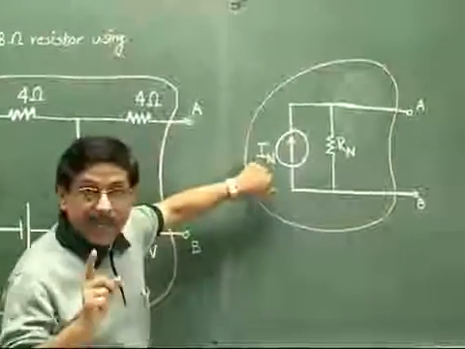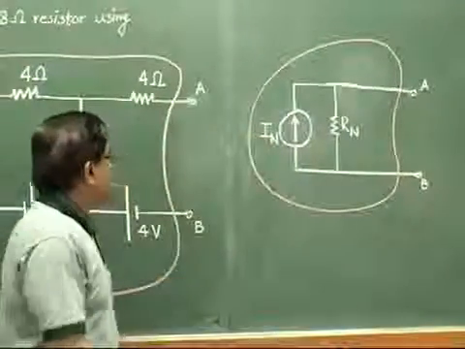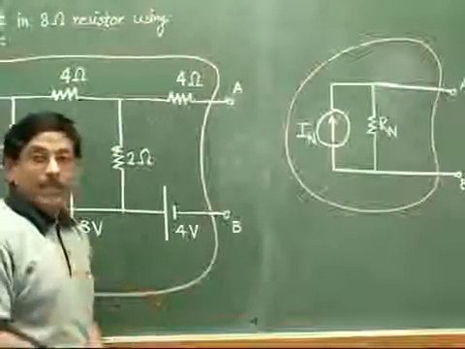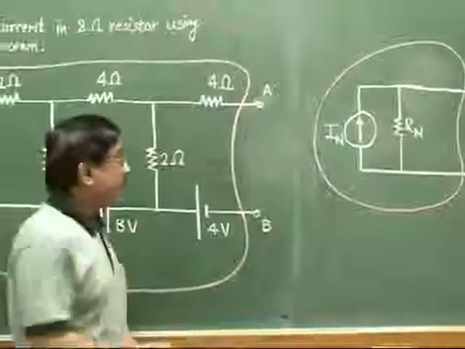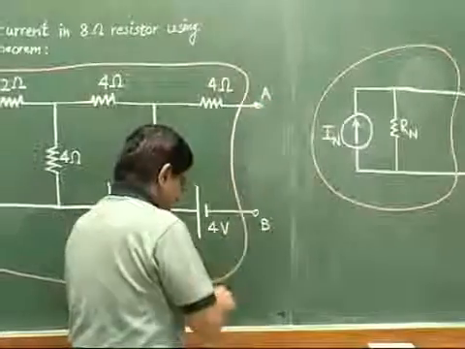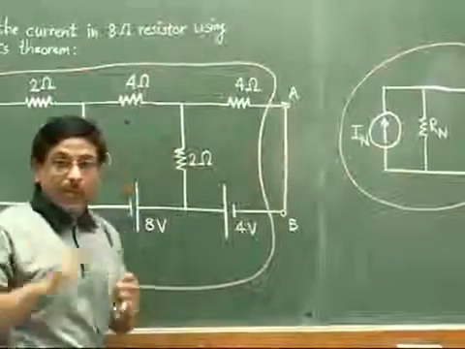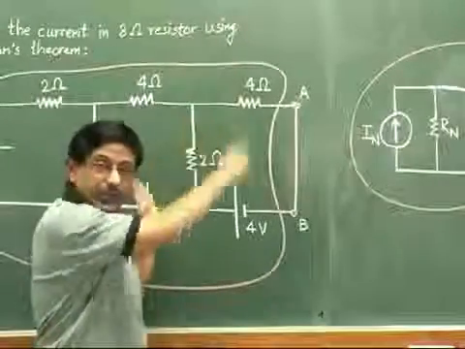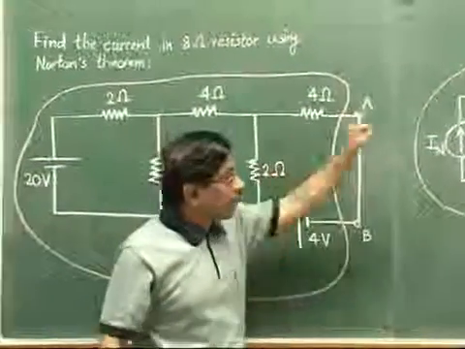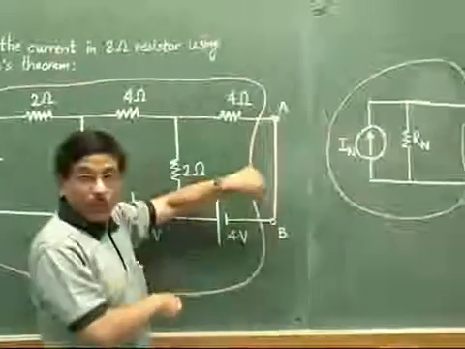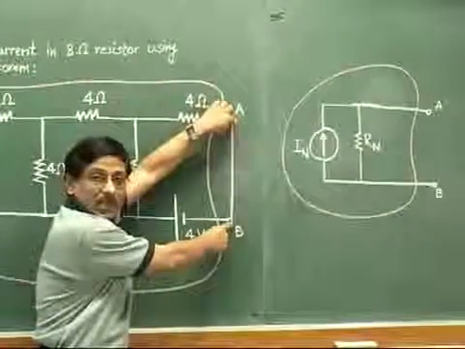The meaning of this IN value is that if for the time being, temporarily, we short these two points like this, after removing the load resistor we get a two-port network, meaning these two open terminals.